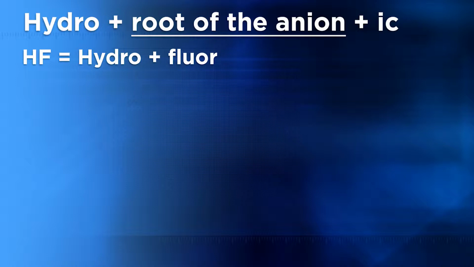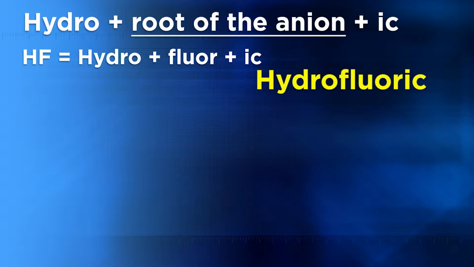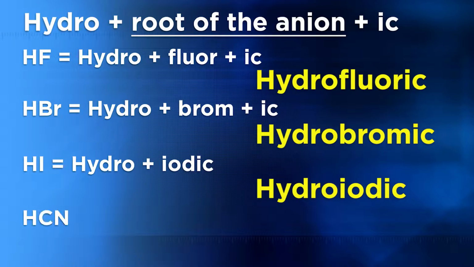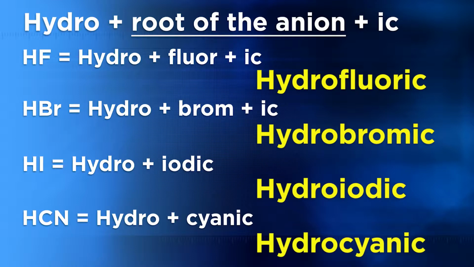In this case, the root of fluoride is fluor, and then we attach an IC to the ending. So HF would be called hydrofluoric acid. HBr, hydrobromic acid, HI, hydroiodic acid, and HCN, hydrocyanic acid.